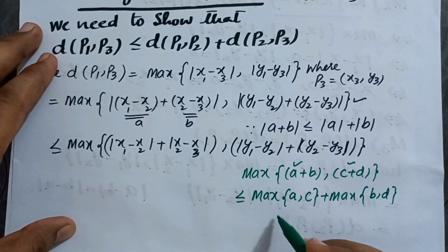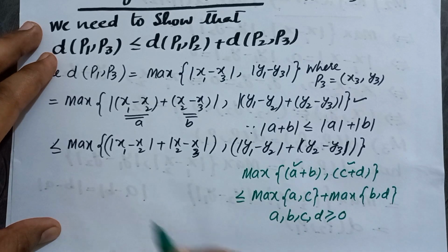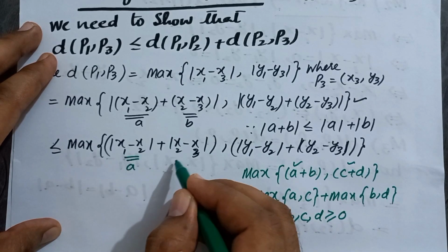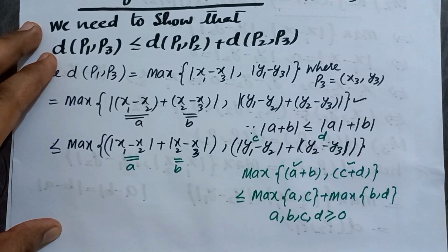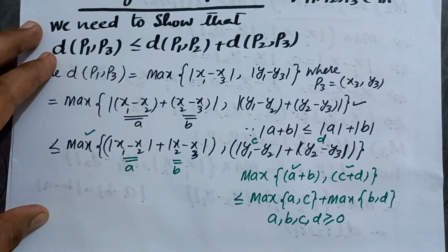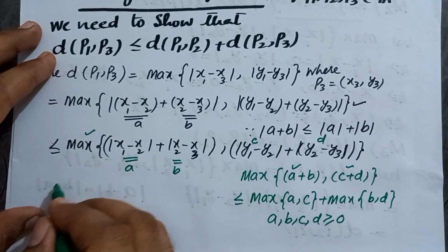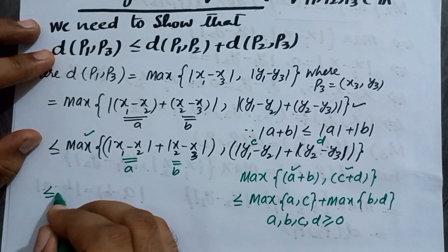Notice that this property holds when a, b, c, d are non-negative. Here, this is our a, this is our b, this is our c, and this is our d, and there is only one maximum outside, so this maximum can be split into two.